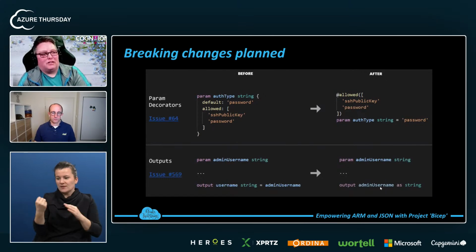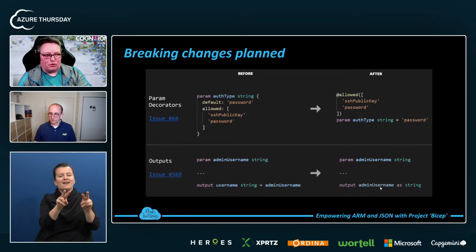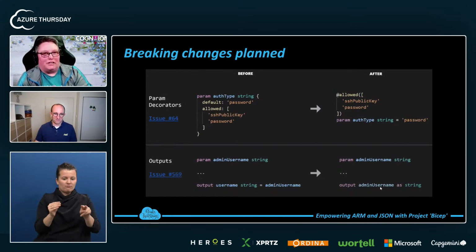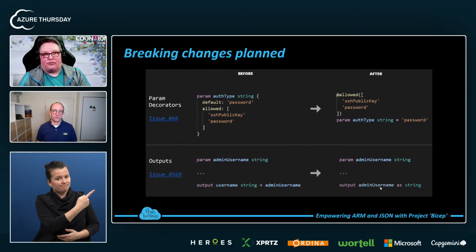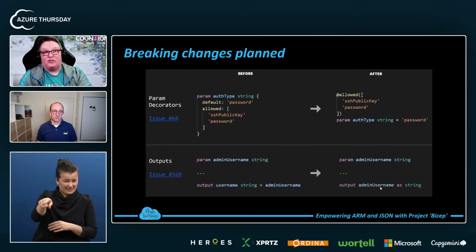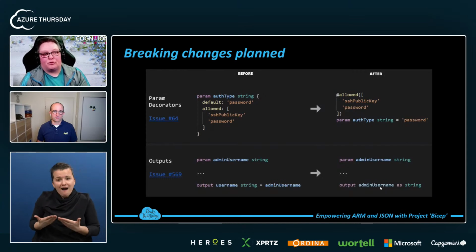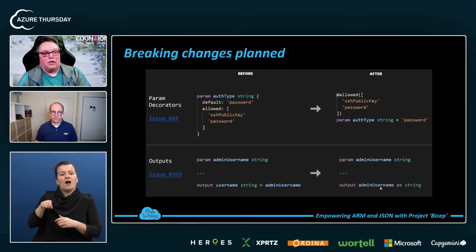The other thing, if we're looking at issue 569, is that one of the feedback was that we currently cannot reuse predefined parameters as output parameters or values. Currently, we need to create a separate variable for that.